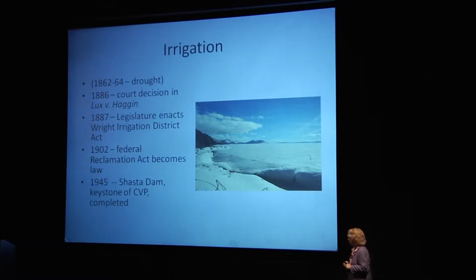Well, California is the only one of the western states that also recognizes riparian rights. So we have a dual system of water rights, and this basically came out of this piece of litigation, which actually was instigated by some individuals who were involved in buying out the remnants of some of these Mexican cattle ranchos that I mentioned.